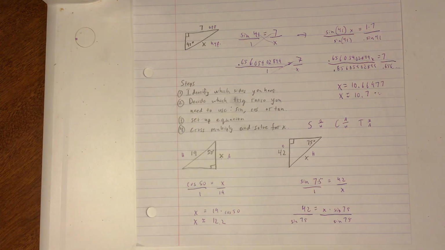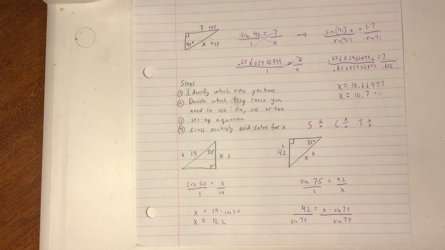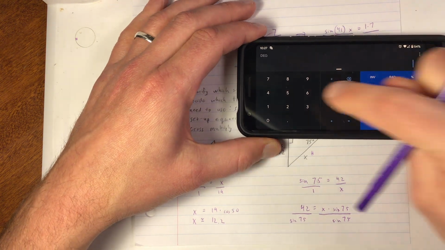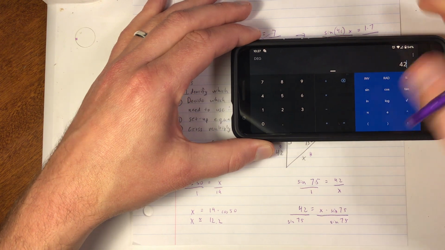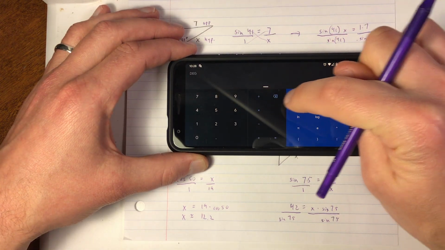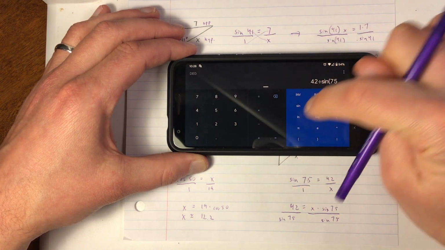And type that into my calculator. 42 divide by the sine of 75.